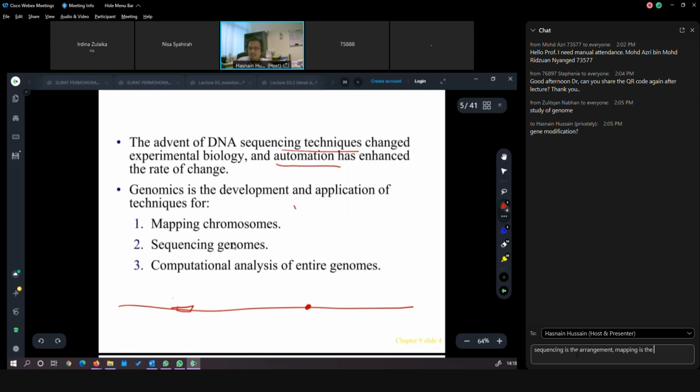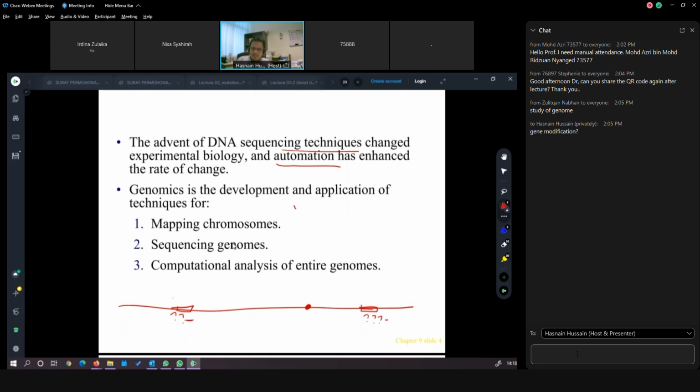The gene related to the length of the limb is located over here. But then you don't know the actual sequence, or sometimes you just know a little bit of the sequence. That one is mapping.